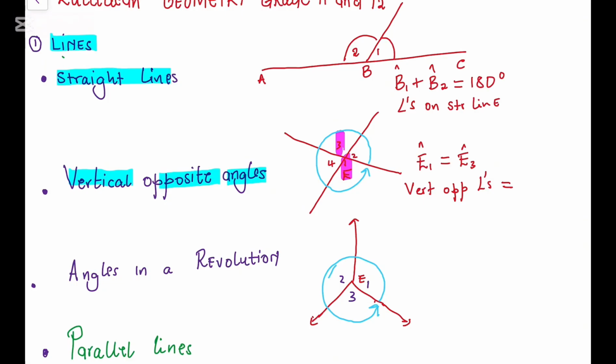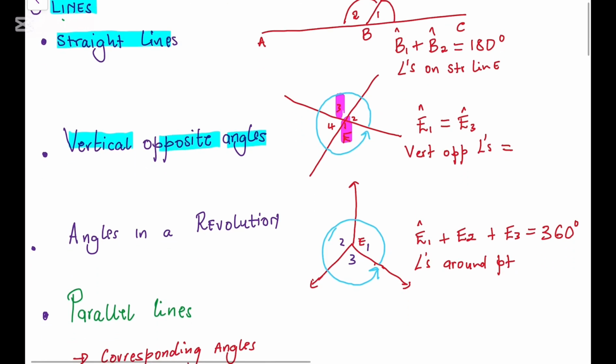So here, that means angle E1 plus angle E2 plus angle E3 is always equal to 360 degrees. When you write your reason here, you just say these are angles around the point, or you can say angles in a revolution.